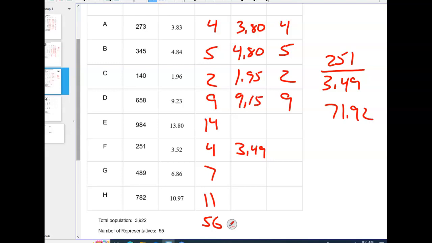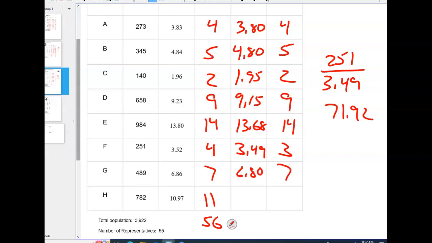984 divided by 71.92. Bigger population will move a little bit more, but certainly not enough to change the rounding. 13.68. I'll check it again. 251 divided by 71.92 gives me 3.489, which would give me 3.49, and that now rounds down to 3. 489 divided by 71.92 is 6.80.